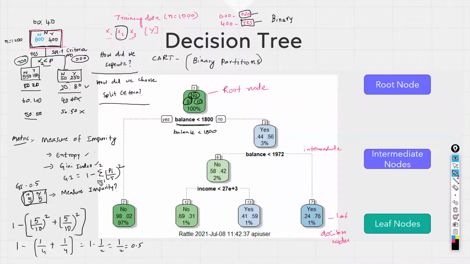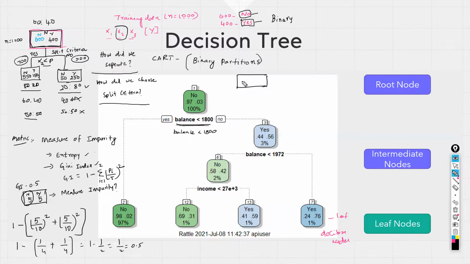Now let's try to compute it for some other node. Let me erase parts of it so that it will be easy for us. I will write the other node here. This is another node for us.